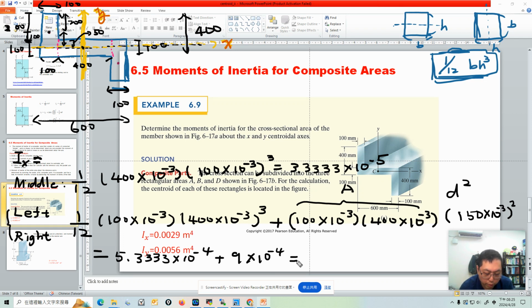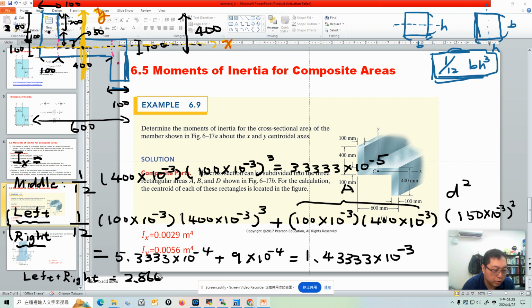So 5.3333 times 10 to the power minus 4 plus that gives 1.43333 times 10 to the power minus 3. We only calculated the left part, and the right part is the same because of symmetry, so we have to times 2. Left plus right will be 2.8666 times 10 to the power minus 3.